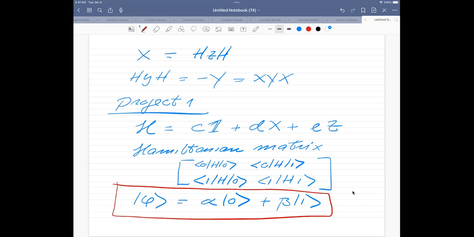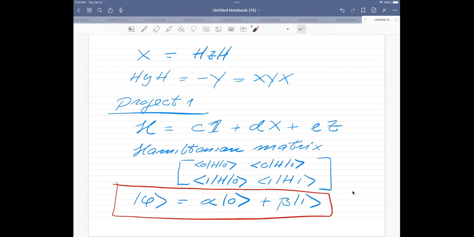And these alphas will depend on rotation angles, and we are going to find the optimal angles which minimize the energy. So these alphas and betas will depend on some specific operations in preparing the initial state.